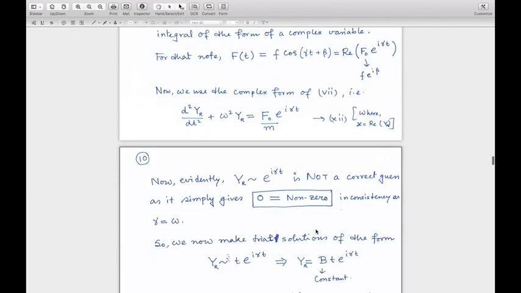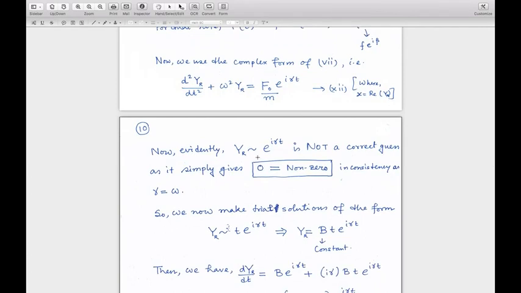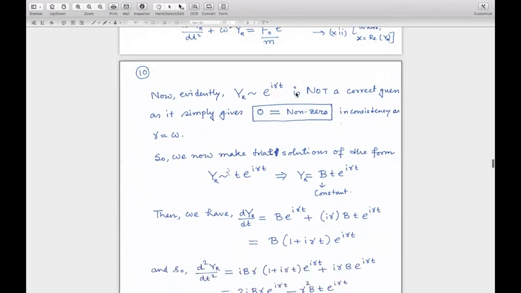Now in this case we will have the complex equation to solve: d²y_r/dt² + ω² y_r = F0 e^(iγt)/m. As you can easily see, y_r of the form e^(iγt), that means y_r proportional to e^(iγt), is not a correct guess. You can easily check that from here, because this term will then be 0 and this term will be non-zero, so it's not possible, right?